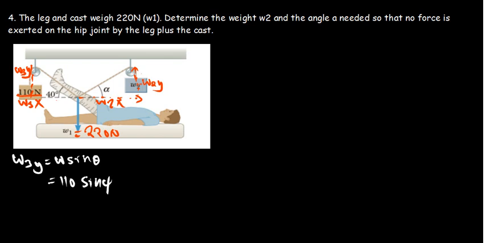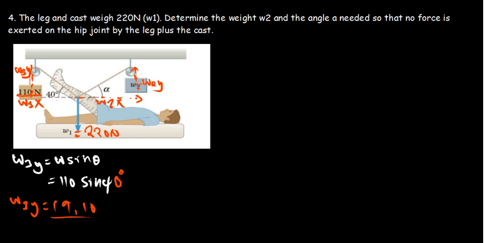I'm now talking about this one here. So our W3y is going to be 110 sin 40, and I'm getting 19.10.